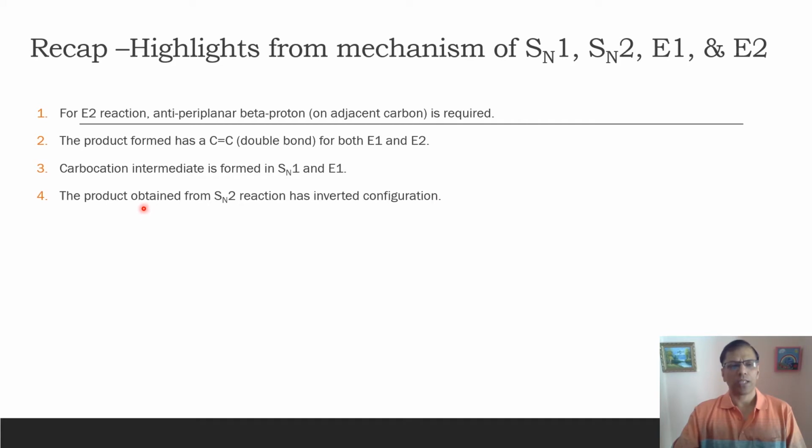The product obtained from an SN2 reaction will have an inverted configuration. So if you start with a chiral center, you will end up with a chiral center in an SN2 reaction, but the chiral center will have an inverted configuration. You can learn more about the R and S nomenclature for chiral centers in my videos.